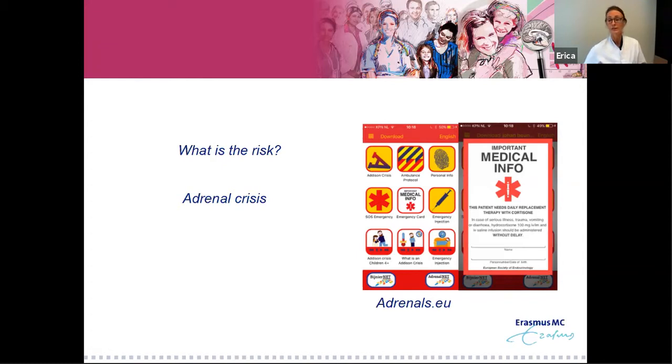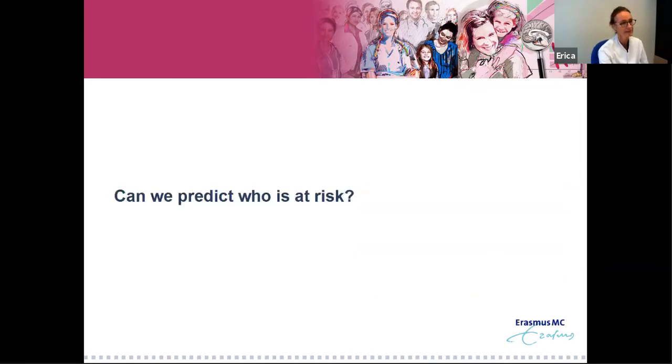Patients with unknown adrenal insufficiency who get ill can become critically ill because they cannot keep their glucose level up, and they cannot regulate their cardiovascular system, they get cardiovascular insufficiency. So if you are a prescriber of glucocorticoids, it's important to know which of my patients is at risk for this.